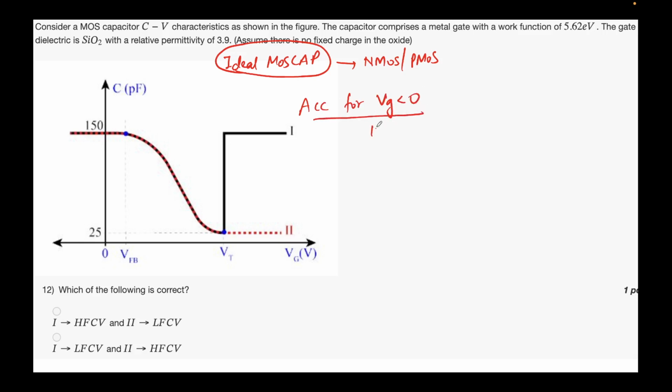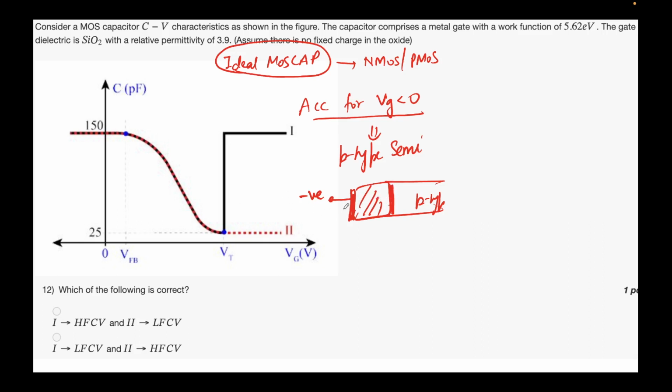Now this will happen only when we have a p-type substrate, p-type semiconductor, because if you have, I'll draw this diagram again, the metal here, the oxide, and the semiconductor, right? If you apply a negative bias here, you have plenty of holes, this is p-type, they'll readily come and accumulate here, and what you will see is only Cox, right?